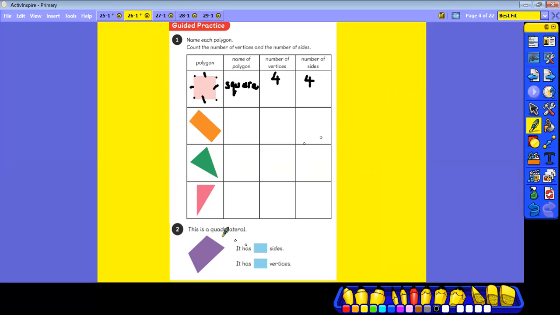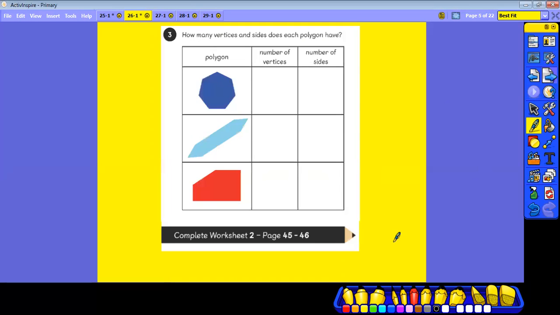Let's have a look at question 2 together. This is a quadrilateral. Remember, a quadrilateral is a 4-sided flat 2D shape. And you're asked to count the sides and write the answer here, and count the number of vertices too. I'm sure you'll whiz through that. And question 3, how many vertices and sides do each of these polygons have?